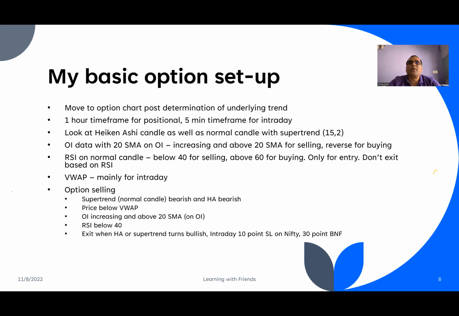Now Nifty may fall from 18,000 to 17,700, and your Heiken Ashi on the Nifty chart will flip from bullish to bearish. That does not necessarily mean that I need to square off my 17,500 put, which I had sold, if my expiry is either the same day or just a day away. That is the time I can check the Heiken Ashi chart on the 17,500 put and see if it is still bearish. I can continue with my sold position.